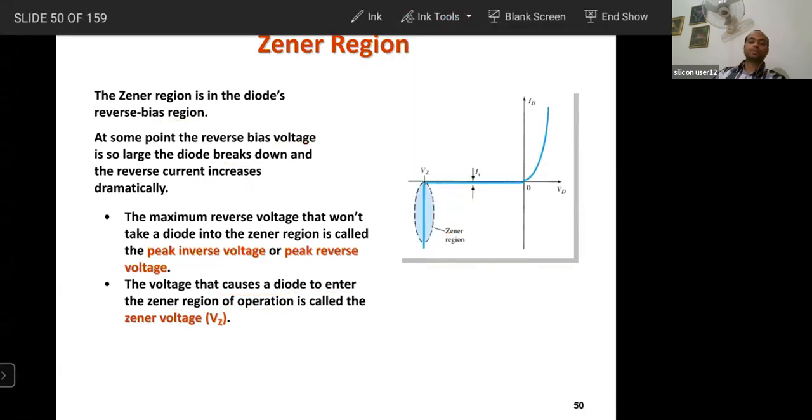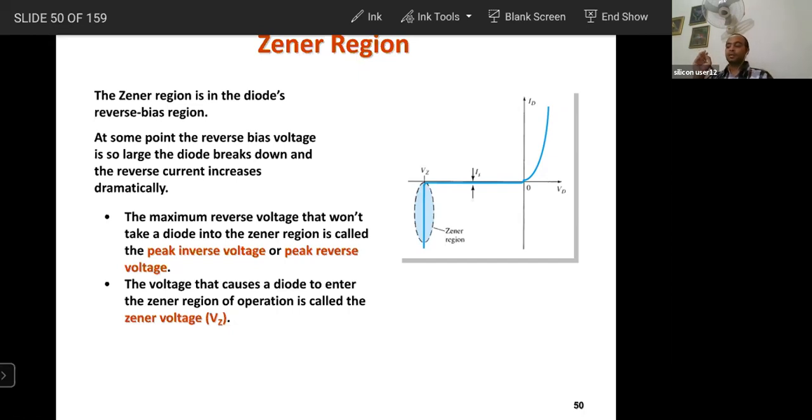So, understood the phenomenon? Again, I am just explaining in brief. When you put the diode in the reverse bias mode, due to this reverse bias voltage, the kinetic energy of the minority carriers increases. As you go on increasing this reverse voltage, the kinetic energy of those minority carriers will go on increasing. Those minority carriers with high kinetic energy may bombard the stable atoms, and that may lead to the formation of more electron-hole pairs.